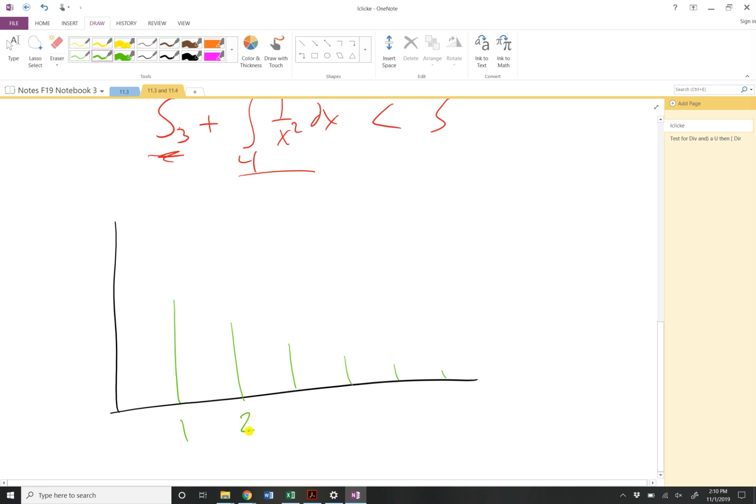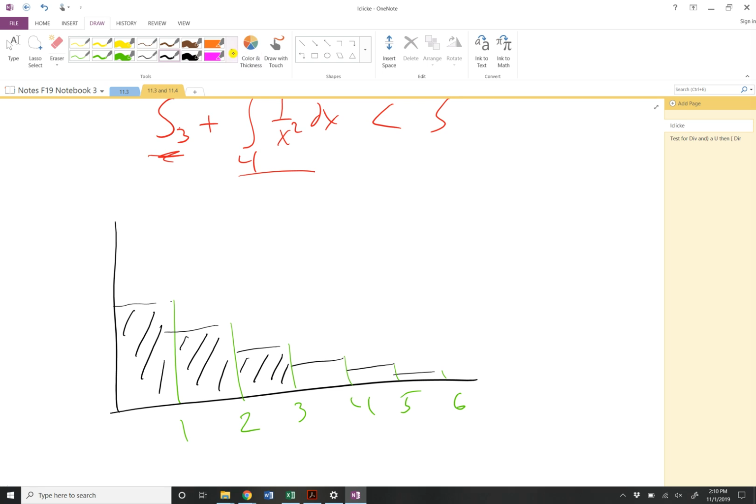I have 1, 2, 3, 4, 5, 6, etc. But if I draw on the left-hand side now, if I draw my rectangles this way, and add up the first three, let me draw my curve in there, my integral in there.